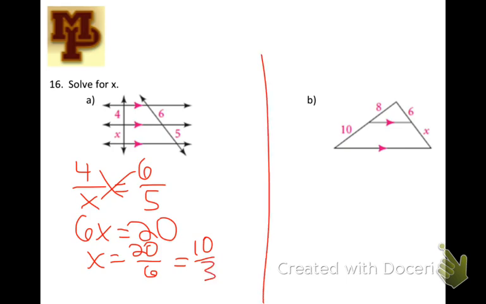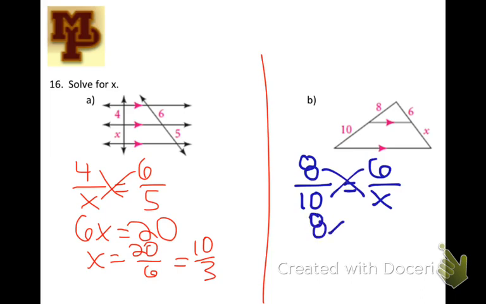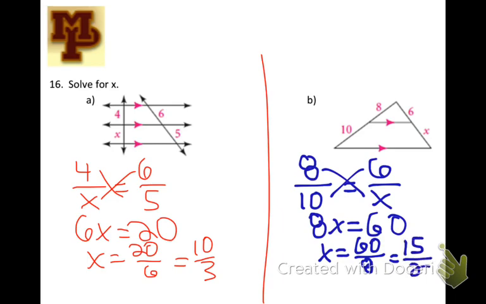Then over here, same thing. You can do 8 over 10 is the same thing as 6 over x, cross multiply. 8x equals 60, x equals 60 over 8, and then you can reduce that, and they have a bunch of 4's in common, so you could do 15 over 2.